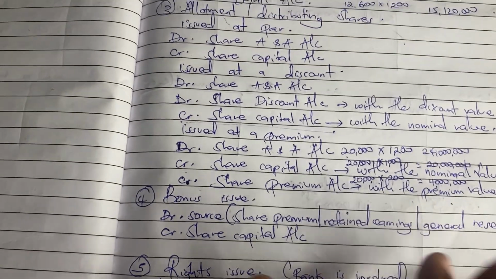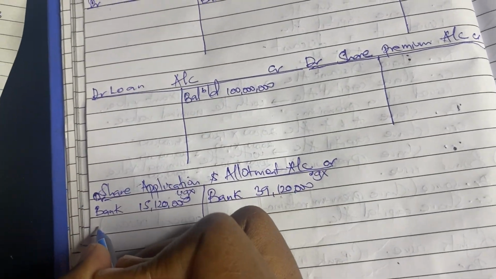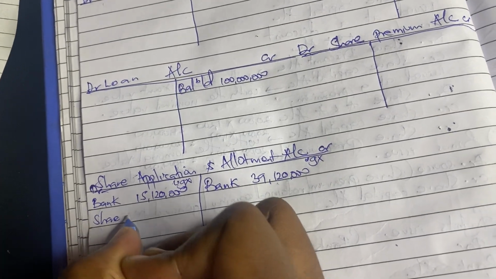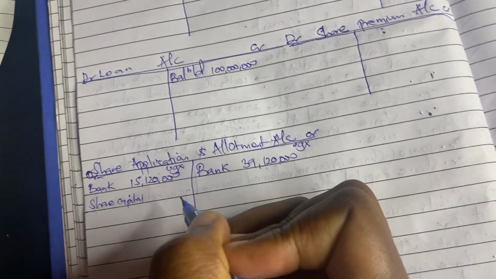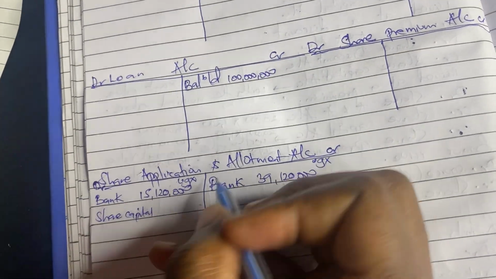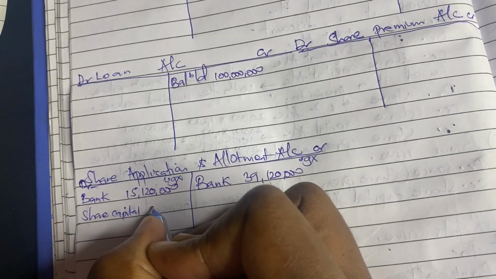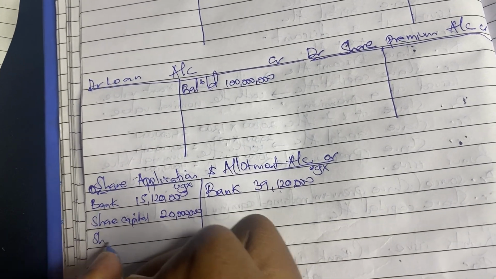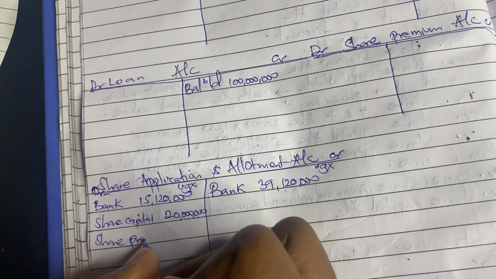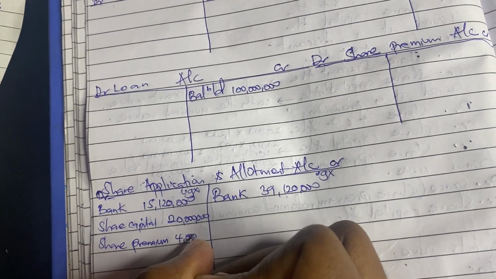You get that. So we come here under share application and allotment and we write share capital. We can separate it. Share capital, it is 20 million. Then share premium is 4M.